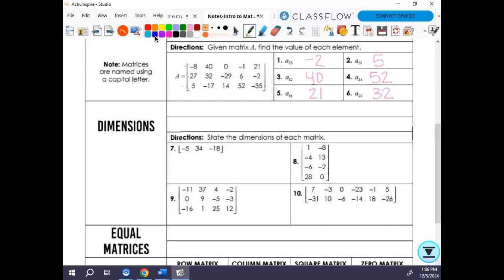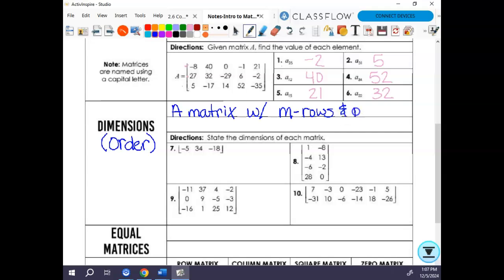All right, so the dimensions, which can also be called the order of the matrix. I'm pretty sure in Delta Math, it doesn't ask you for the dimensions, it says state the order. It is the exact same thing, just a different way to say it. A matrix with m rows and n columns is an m by n matrix.